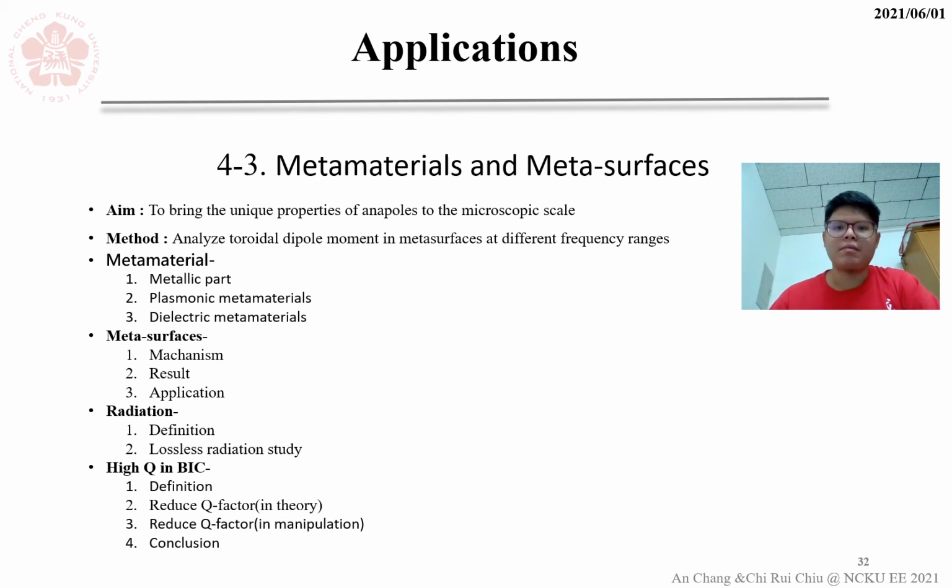The first is metamaterial. I sort it into metallic, plasmonic and dielectric parts. In metallic, the moment losses in the metal part play the dominant role in the visible and near infrared regions. In plasmonic, the performance of metamaterial is not so high in radio frequency.